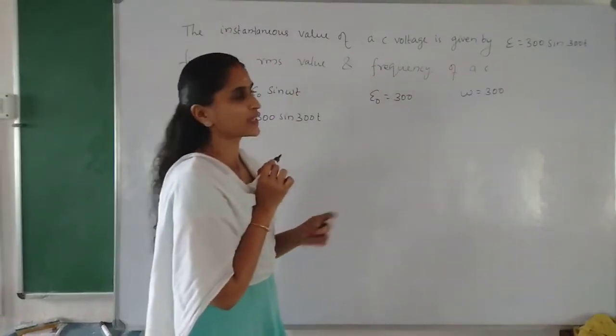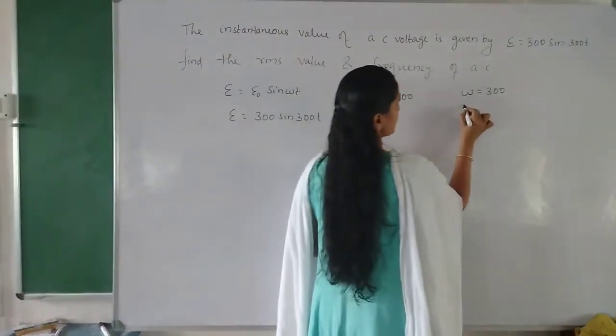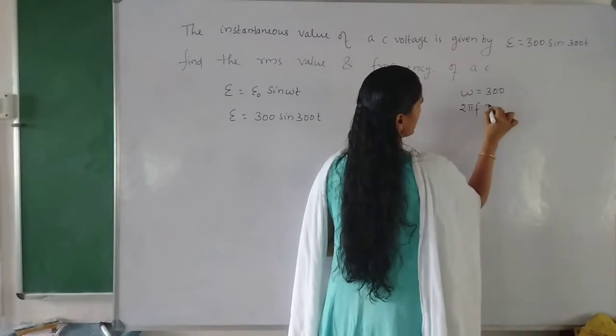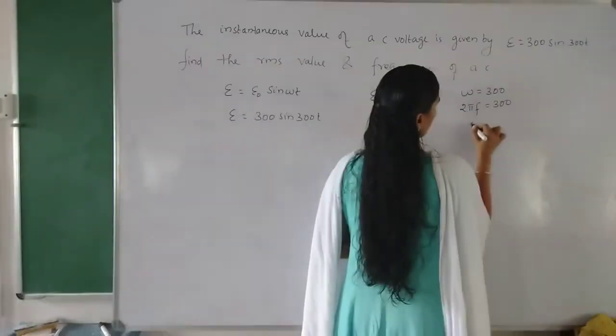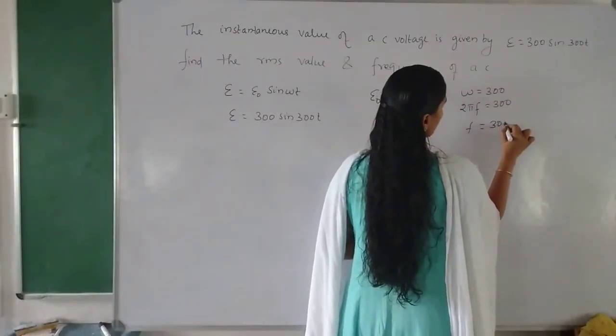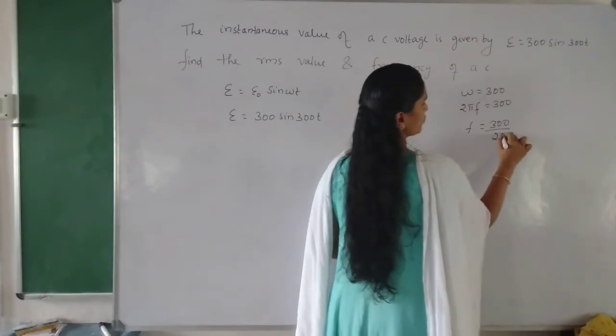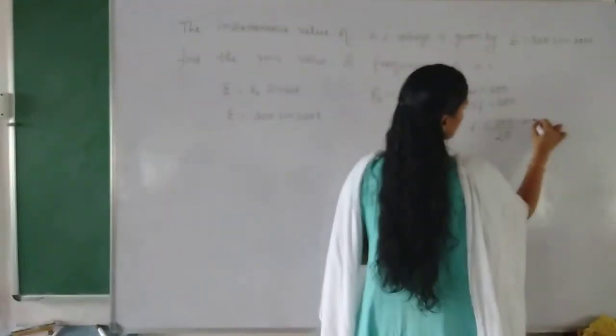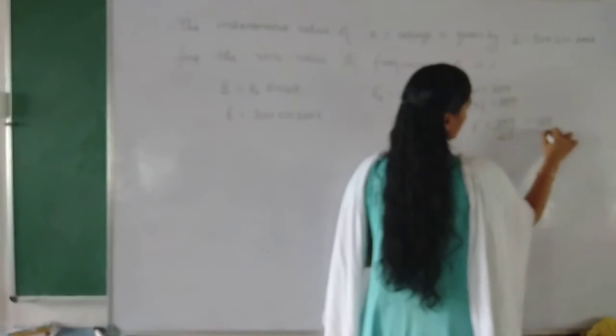Omega can be written as 2 pi f is equal to 300, or f is equal to 300 divided by 2 pi, or we can write it as 150 by pi.